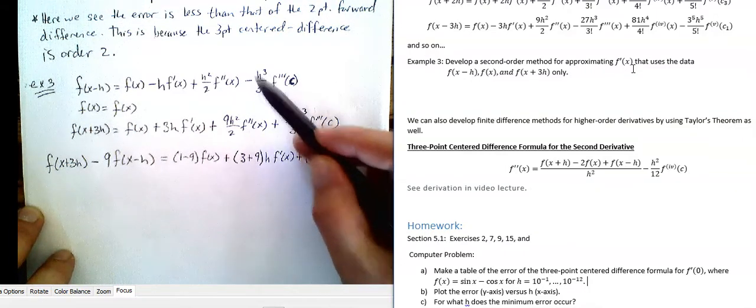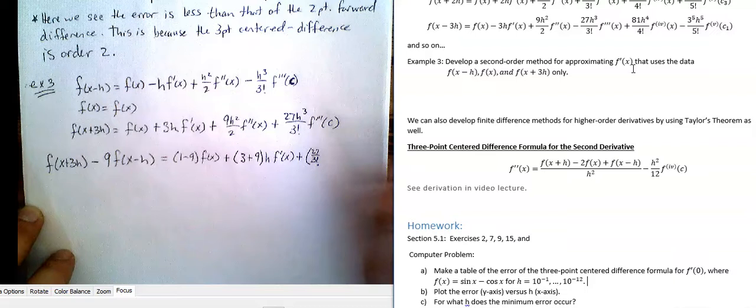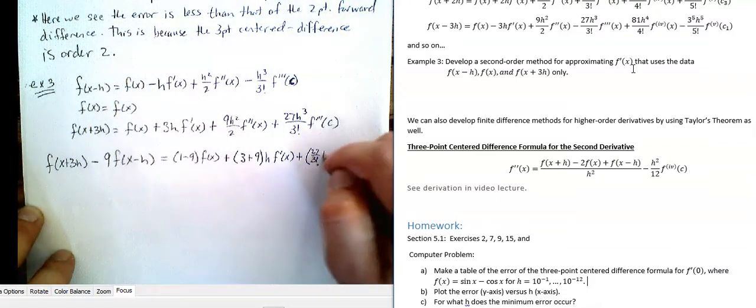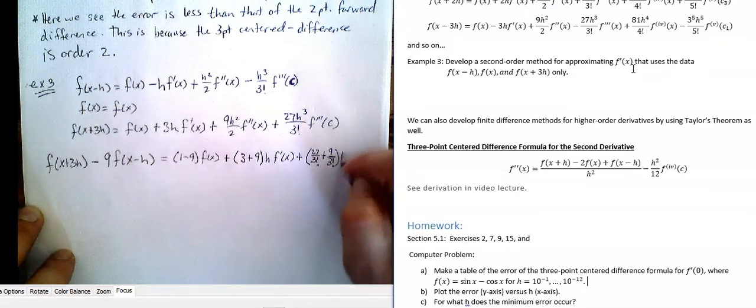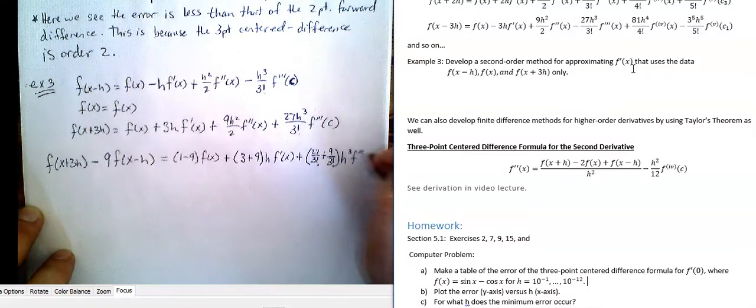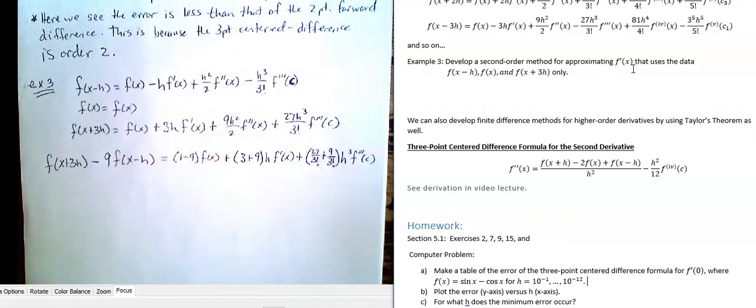So here we'd have a 9 over 3 factorial. Now we're subtracting a negative, so that's going to turn it to a positive again. So 9 over 3 factorial would be the coefficient there. We'd still have our h cubed f triple prime at c. Okay.